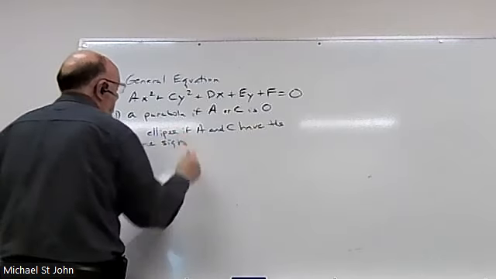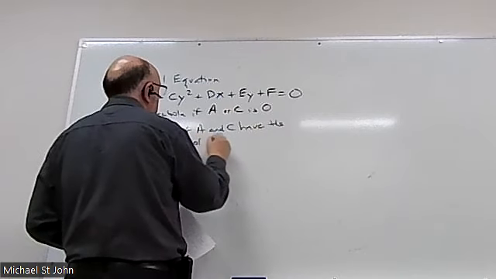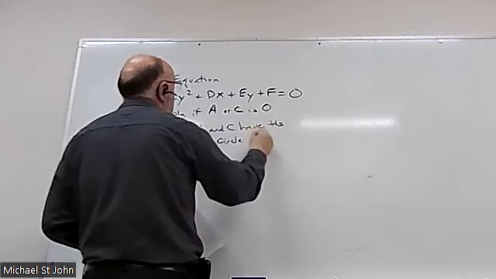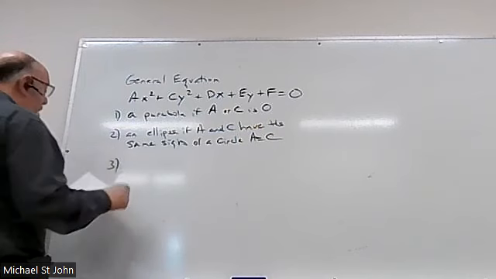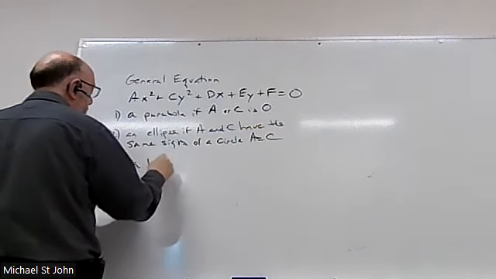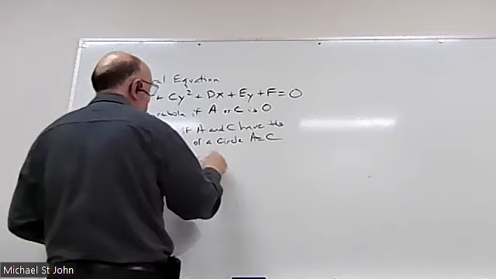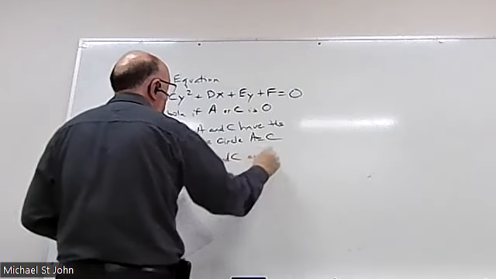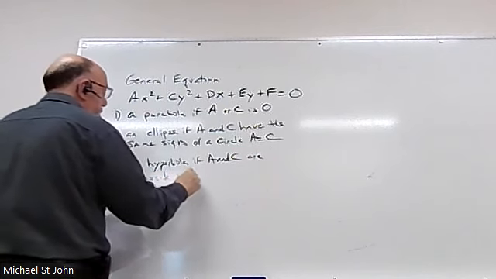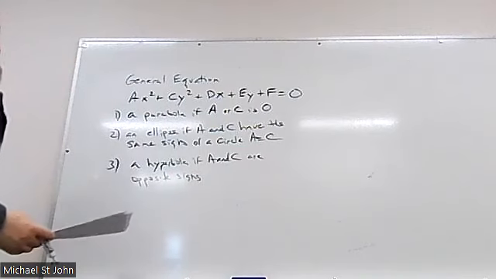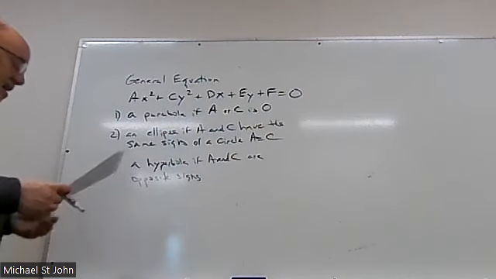Or it's a circle if A equals C. And then thirdly, we would have a hyperbola if A and C are opposite signs. All right. So we have our general equation. Then depending on the values of A and C, we could have a parabola, an ellipse, or a hyperbola.